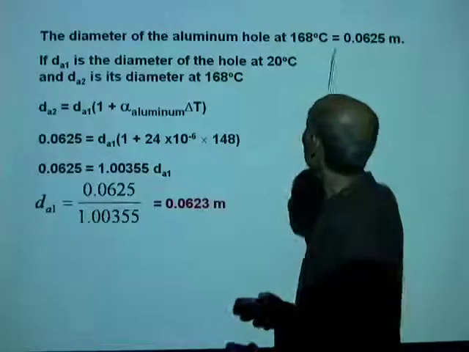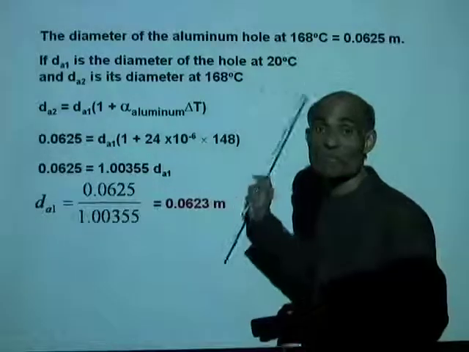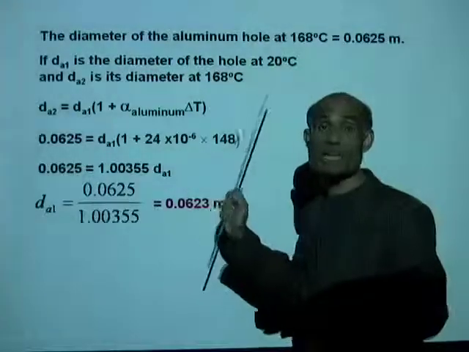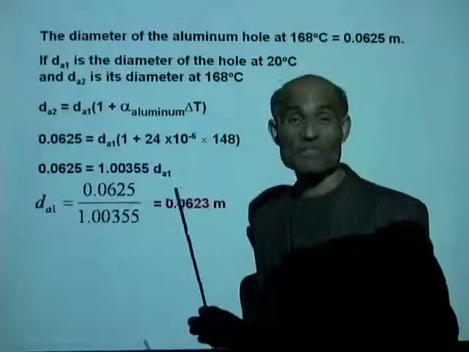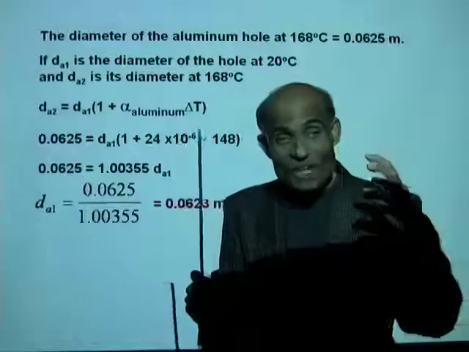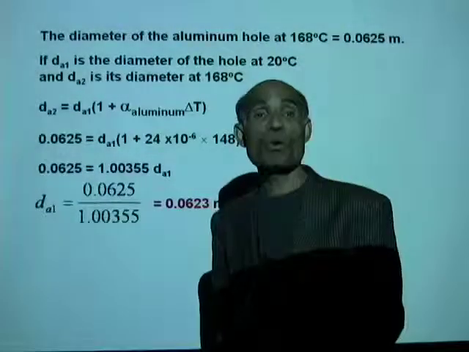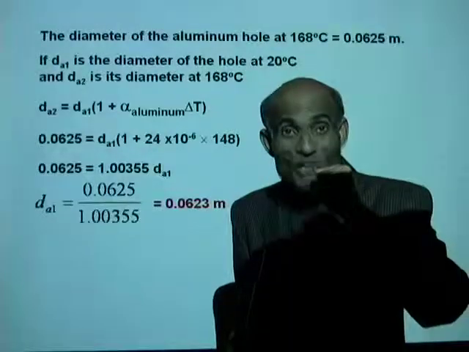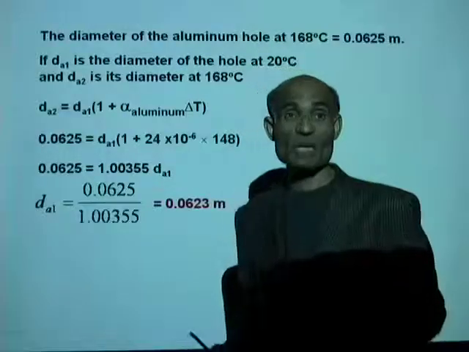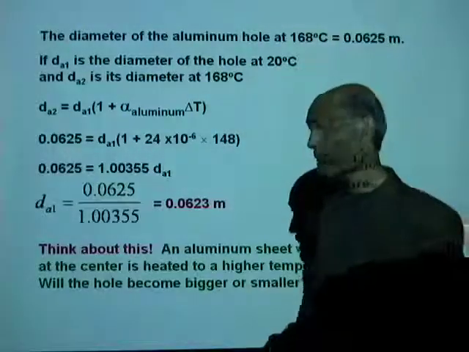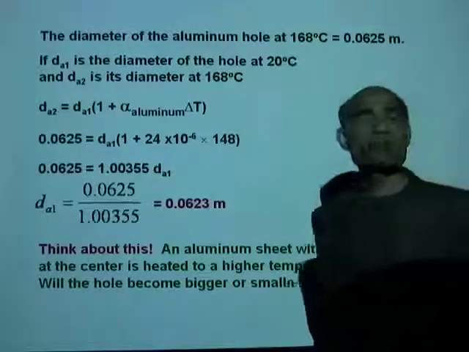Now look at this. The diameter of the aluminum hole at a higher temperature, at 168 degrees Celsius, is 0.0625, and when the aluminum sheet cooled down to 20 degrees Celsius, the hole has shrunk. Its diameter is now 0.0623 meter.